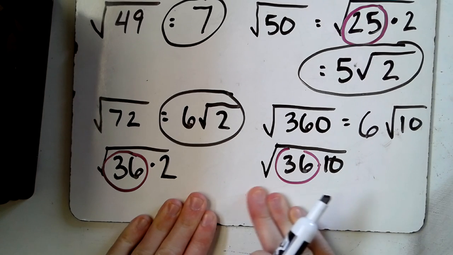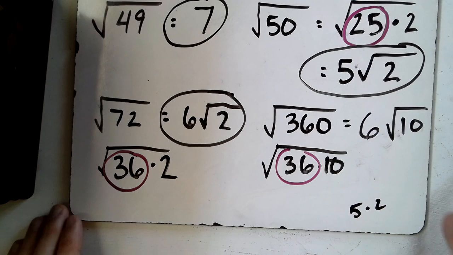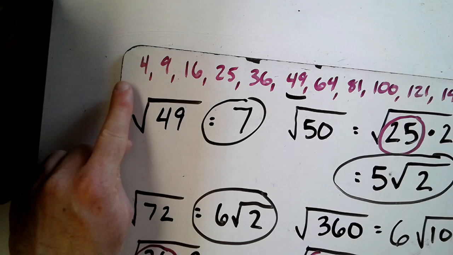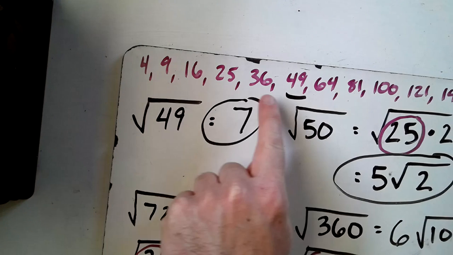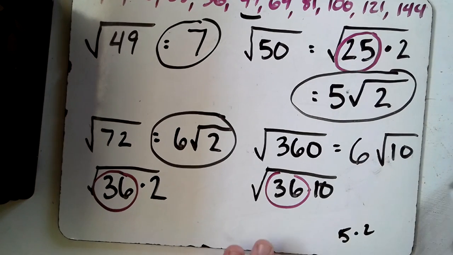So you have to ask yourself, are those perfect squares? Are they any of these numbers up here? The answer is no. So 10 is one of those unique even numbers that's composite but doesn't have a perfect square. You would be done here.